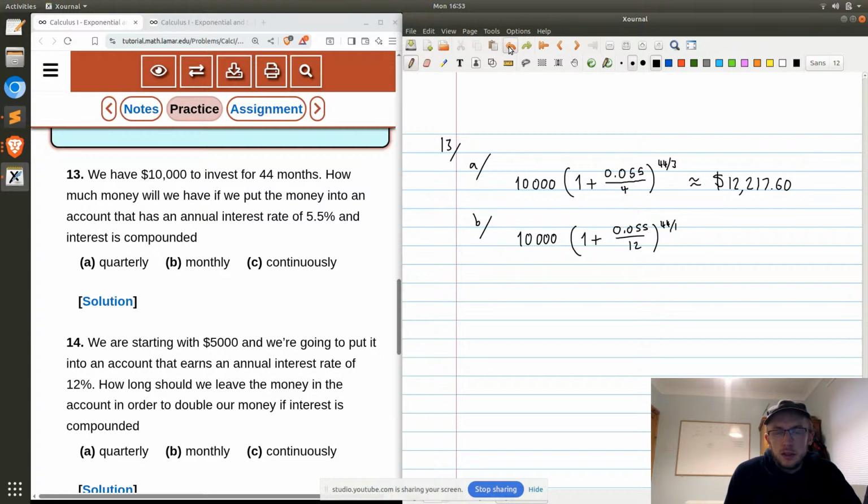Hold on, excuse me. Okay, so 3 and 2/3 of a year, which is 11/3 for t, and then we must multiply it by 44. 11 times 44 is 454. 454/3.